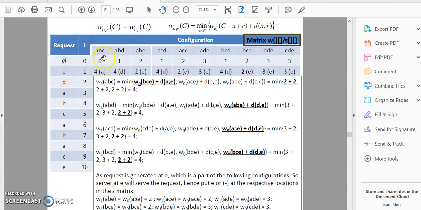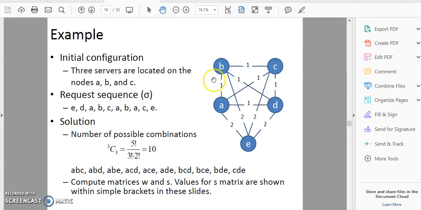Similarly, if we want to move the server from C to E, we remove the server at C and put E at the end. So we have ABE plus the distance from C to E. We will calculate the minimum of all of these. W0 implies the zeroth row. So W0 of BCE is 2, plus the distance from A to E, which is 2.